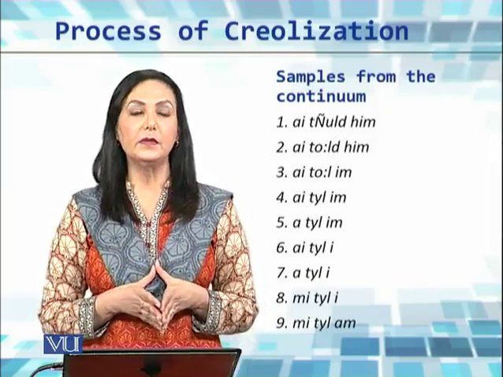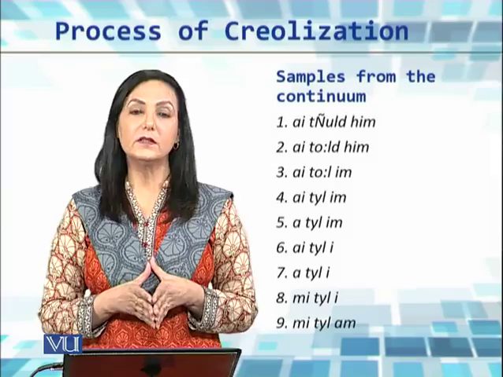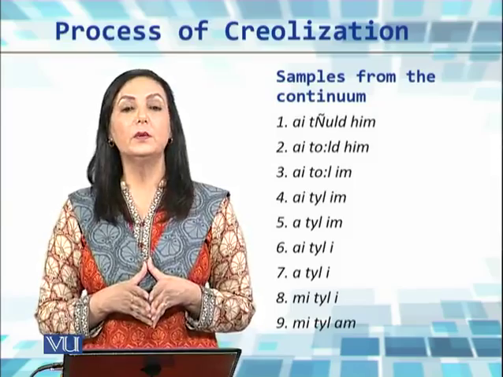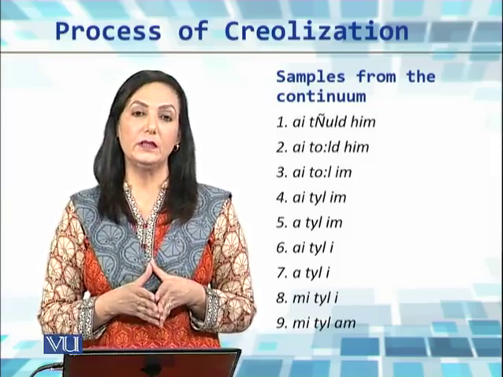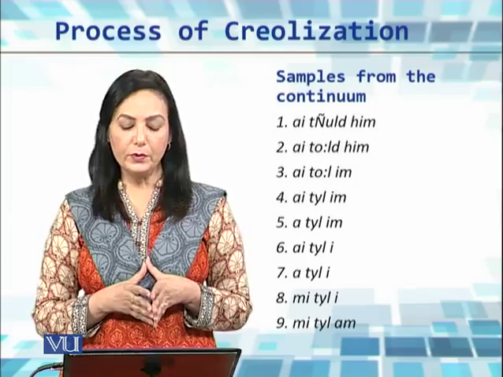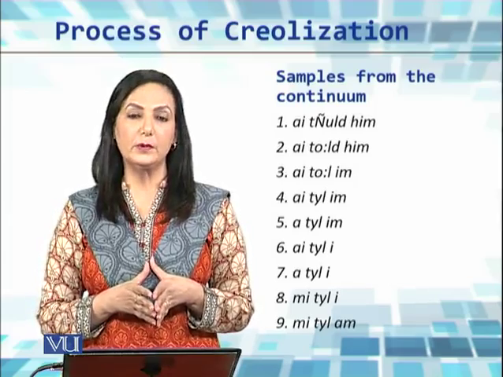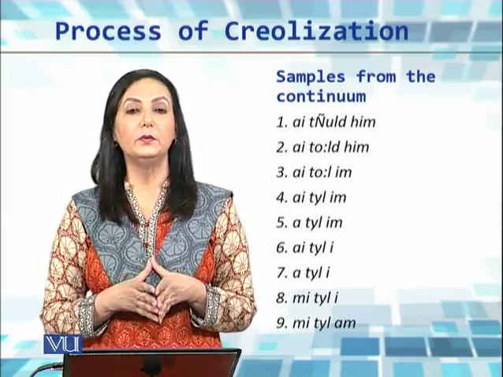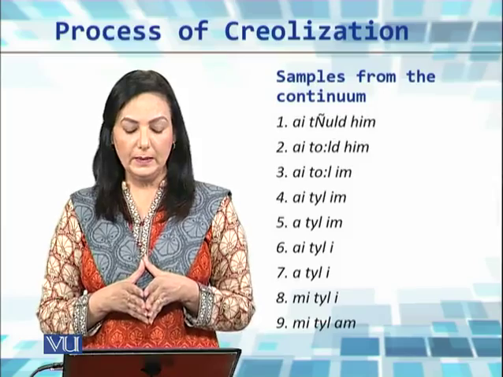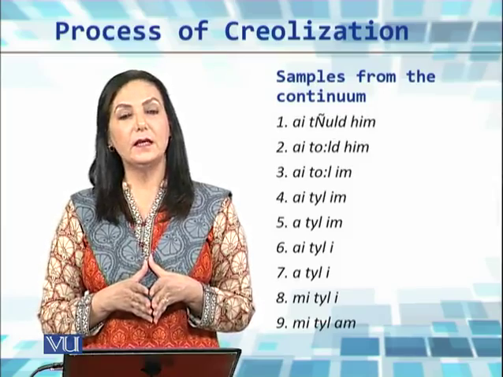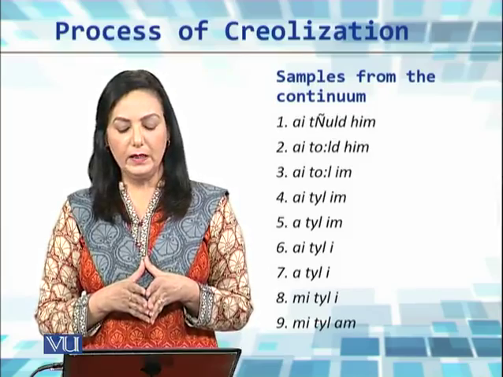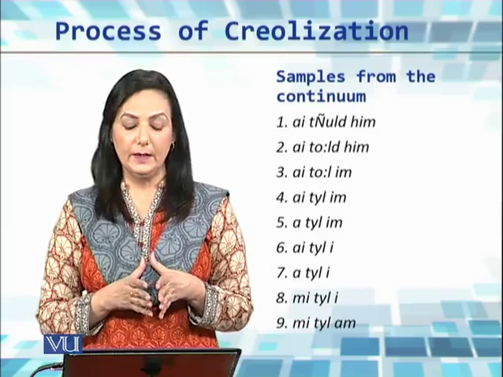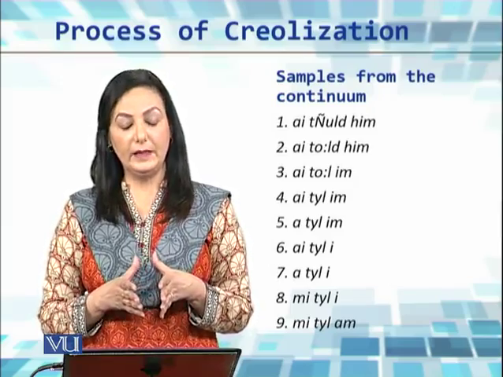Here we have some samples from the continuum. The first three are the samples of the acrolect, that is the high speech, which is very close to the standard language, as you can see yourselves as well. Samples 4 to 7 are from the mesolect, that is the middle speech, the speech of the people who are between the two extremes, and 8 and 9 are samples from the speech of working class, rural people, or completely uneducated people who speak an English Creole.